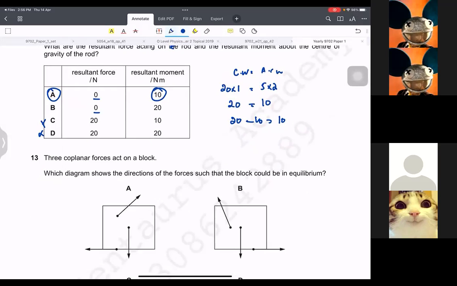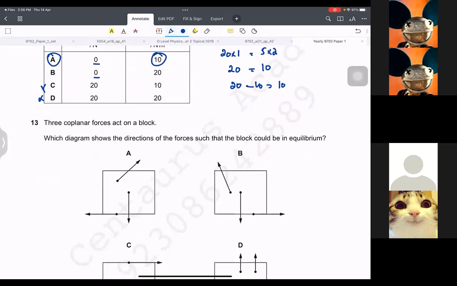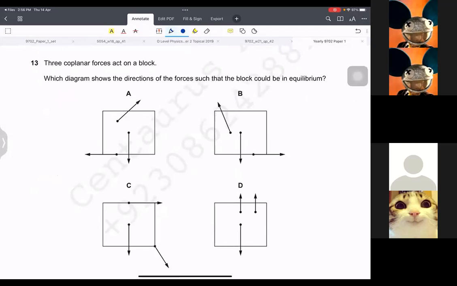3 co-planar forces. Which diagram shows direction of forces such that the box could be in equilibrium? In these type of questions, you should remember this is the only way: all the lines of action somehow meet at one point. At A, they don't meet. So you have to use a ruler, by the way, for this.